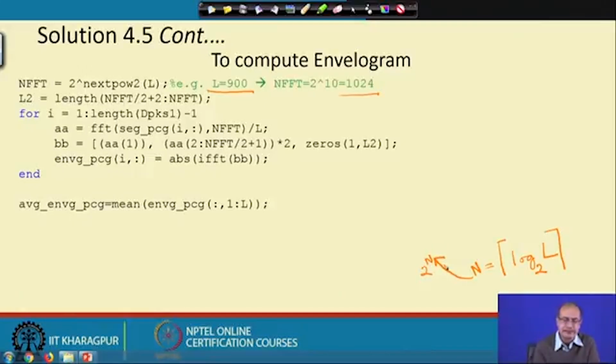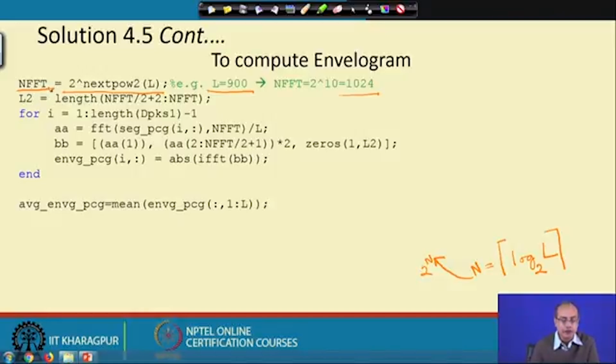This whole operation is done by the line next power 2 of L, which computes the ceiling of log of L to the base 2, and then takes 2 to the power of that quantity. So, we are computing 2 to the power n here, and we get the number of coefficients, or length of samples, for the FFT. We are storing it in the variable NFFT.